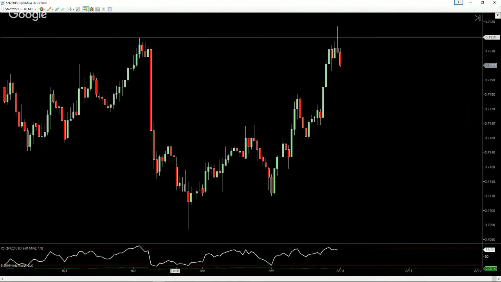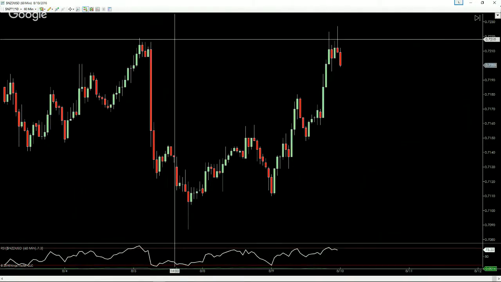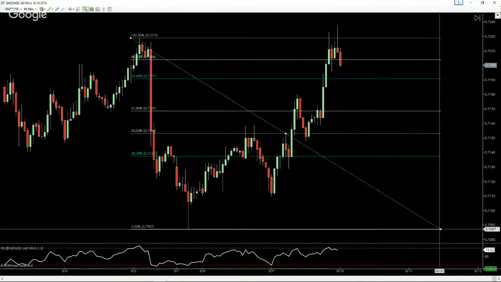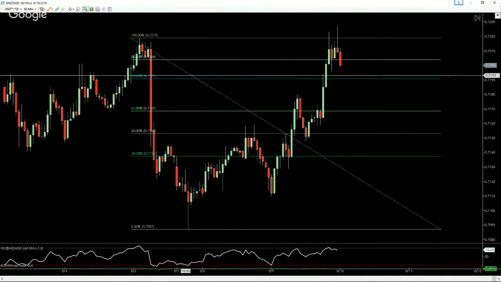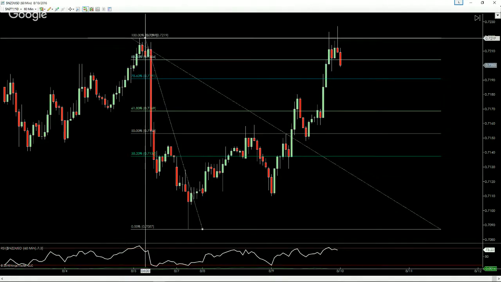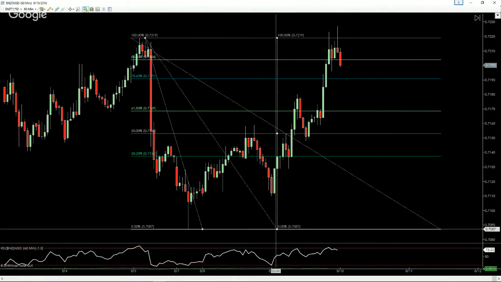I think this one was the bat from last week as well, and the stop should not have been hit yet.